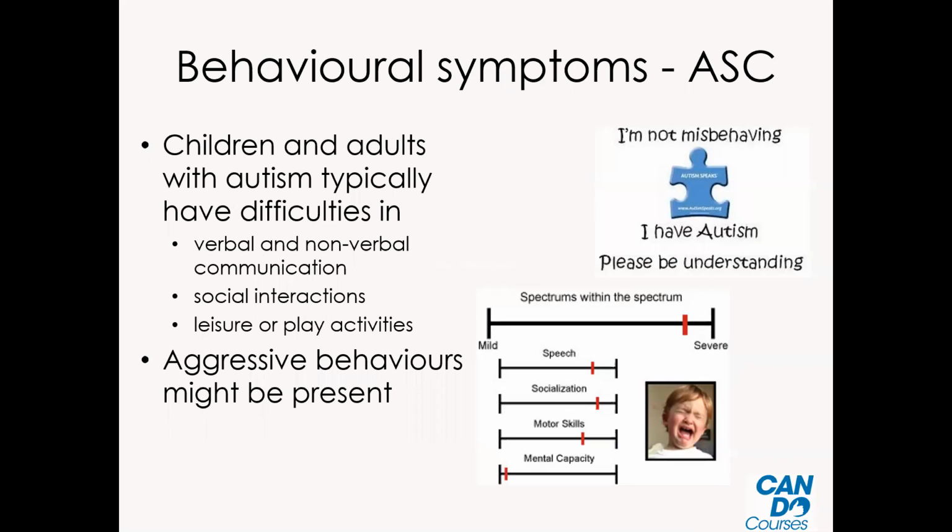But what we do know is that there are some particular symptoms or characteristics which are common across many young people with a diagnosis of autism. Typically there'd be difficulties with communication and interaction. And some of the reasons for behaviour outbursts is because a young person would seek or avoid those situations.